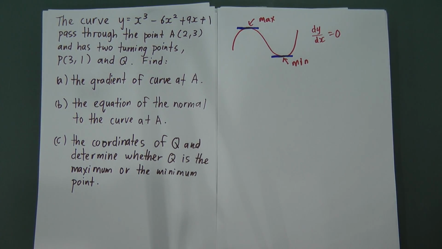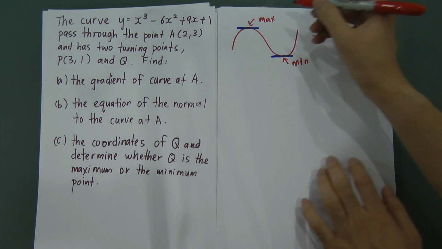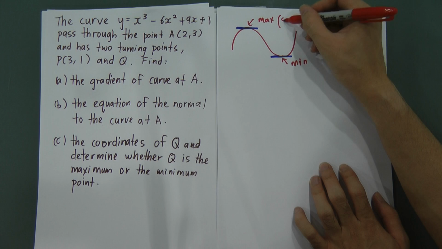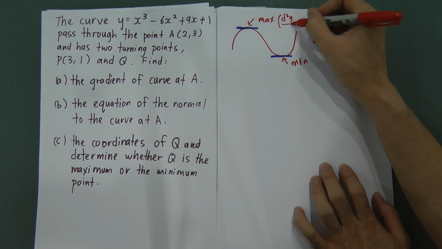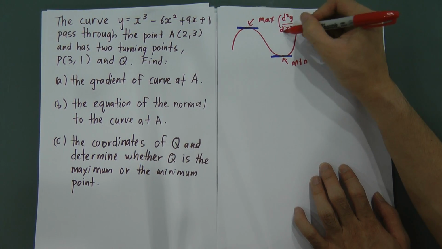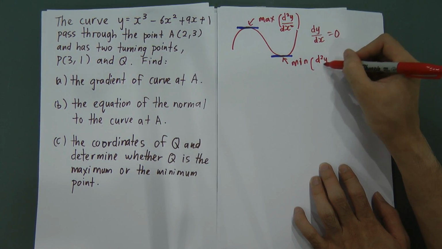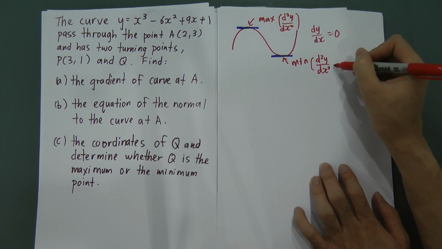And then how do we determine whether it is a maximum point or a minimum point? You have to differentiate one more time. That is what we call d2y/dx squared.